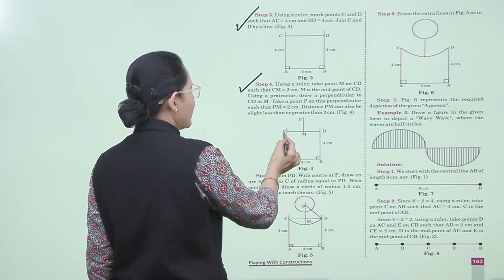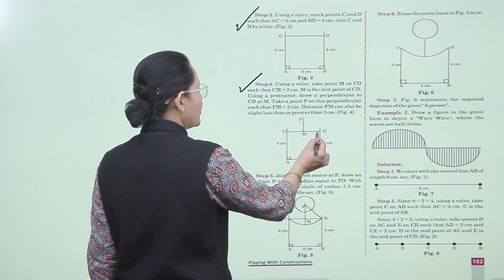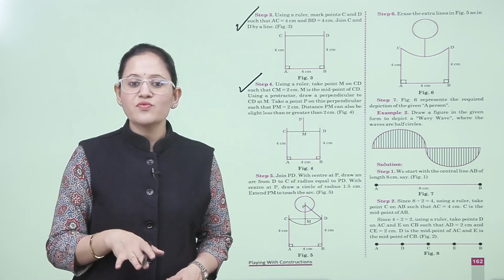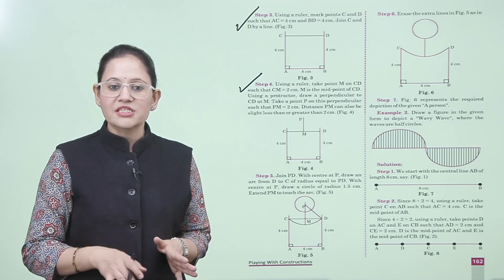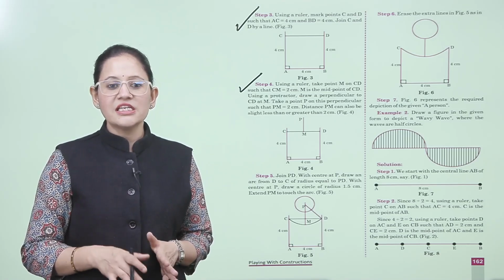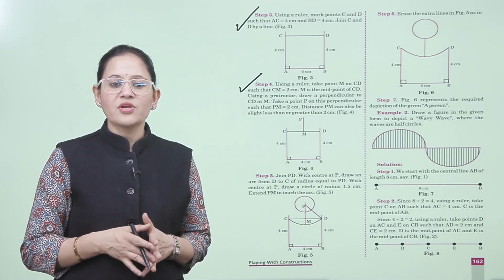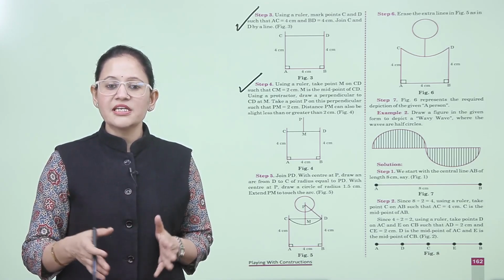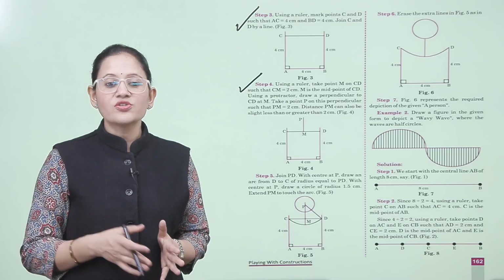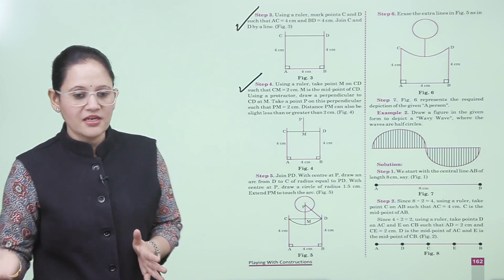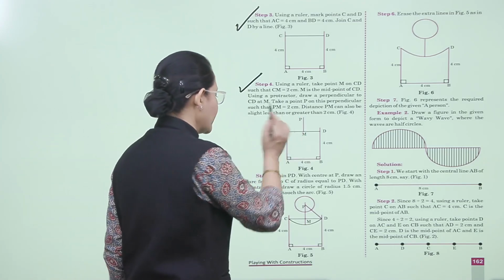So CM is 2 centimeters and MD will also be 2 centimeters. So M is the midpoint of CD. Using the protractor, draw the perpendicular to CD at M. Take the point P on this perpendicular such that PM is 2 centimeters; the distance PM can also be slightly less or greater than 2 centimeters. Clear? So like this, we will draw a perpendicular here.